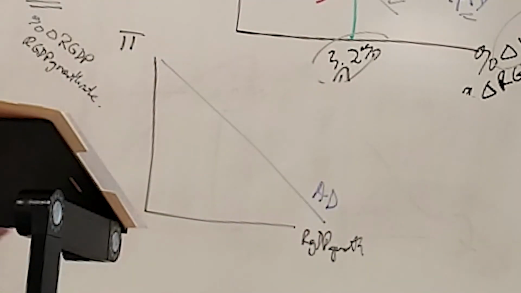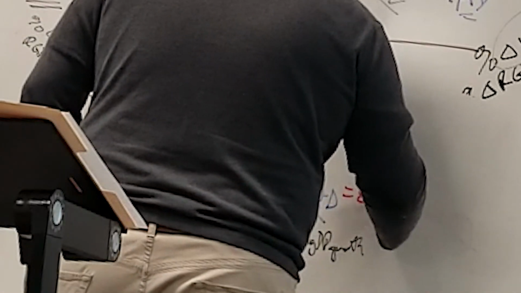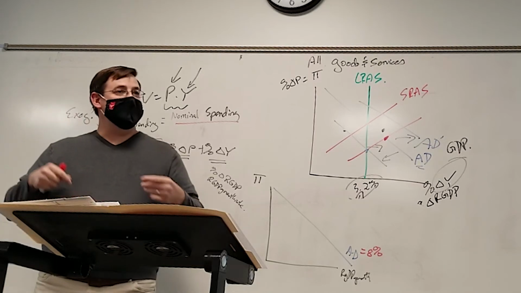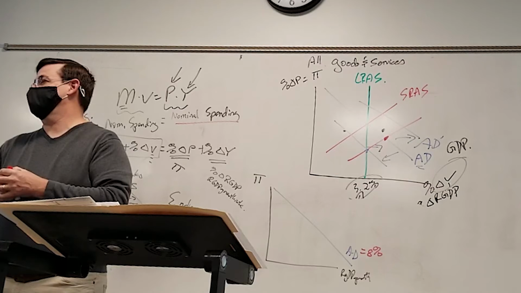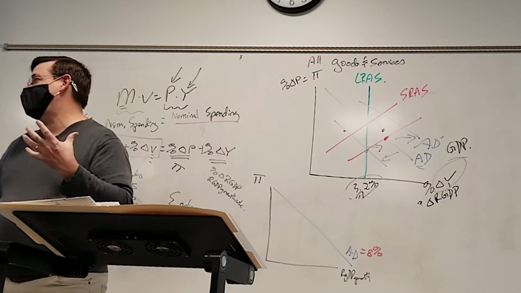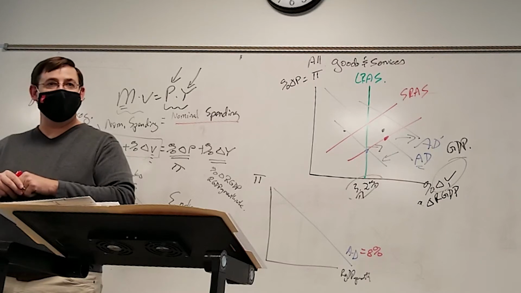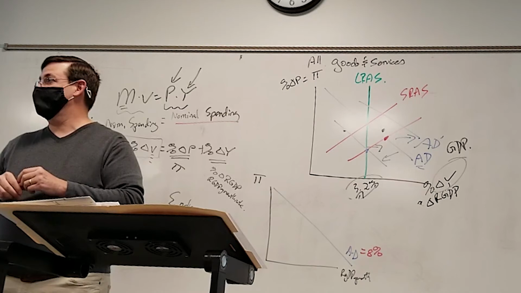Suppose aggregate demand, which is a description of nominal spending, is 8%. That means that between this year and next year, everybody is going to spend about 8% more dollars. Does that mean they're going to buy 8% more stuff? No. Why not? Because there will have been some inflation.